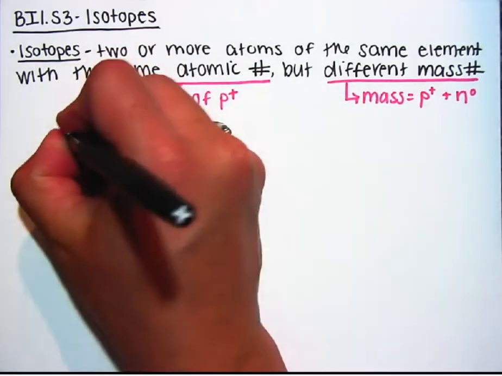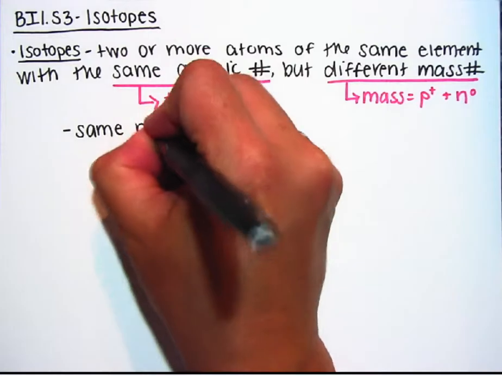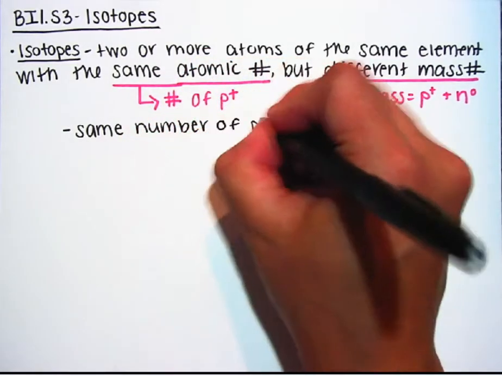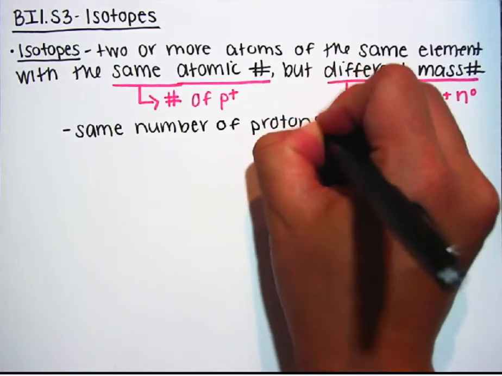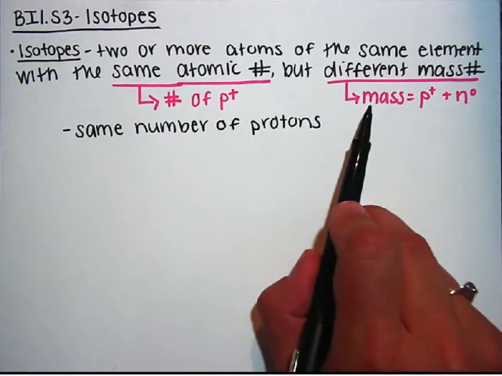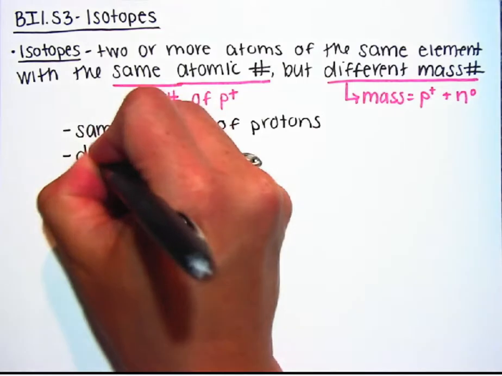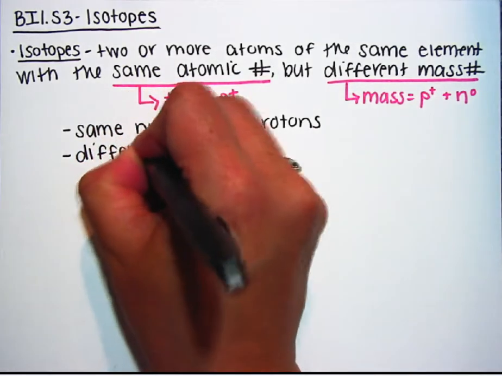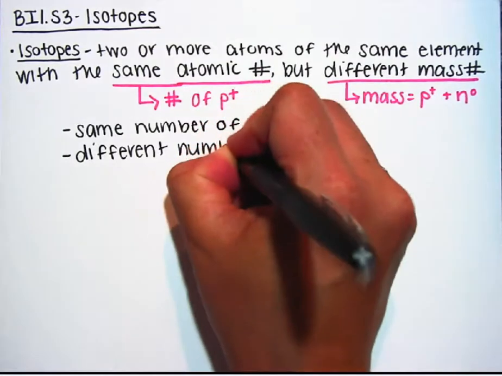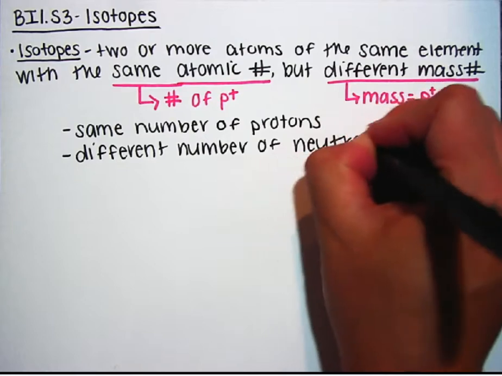So that means that isotopes have the same number of protons. But if the number of protons are the same and the mass is different, that means the neutrons must be different. Isotopes have a different number of neutrons.